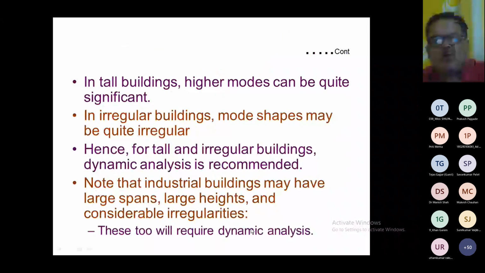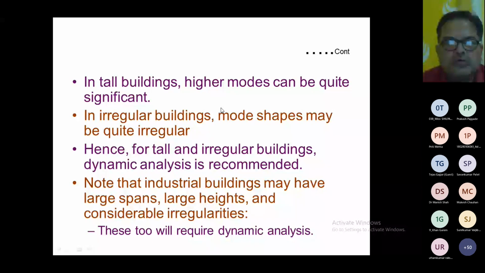When we are talking about tall buildings, I told you higher modes may be significant, because the lowest frequency is the fundamental frequency, and in the case of tall structures the higher modes matter, so we have to count them, right?